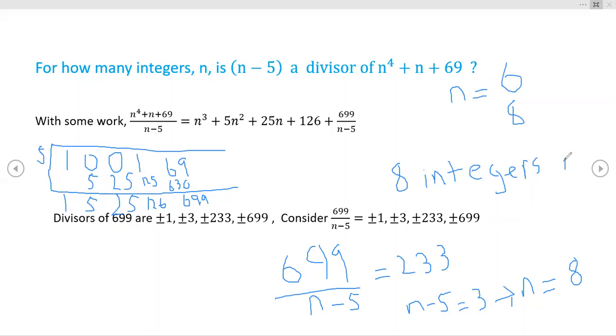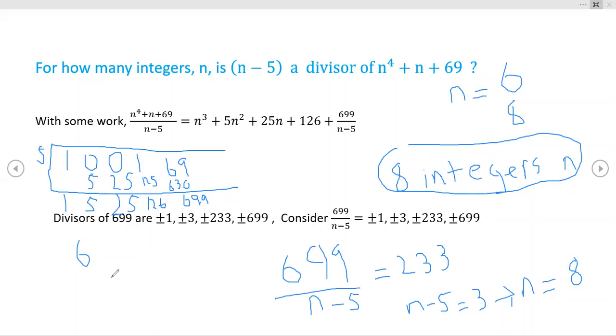Now you may be wondering about the negative numbers. Let's do a negative one in the list. Again, none of this is required. If you just believe there are going to be solutions to each of these equations, we're done with the problem right now. There will be 8 integers n that are guaranteed to satisfy each of these 8 equations.